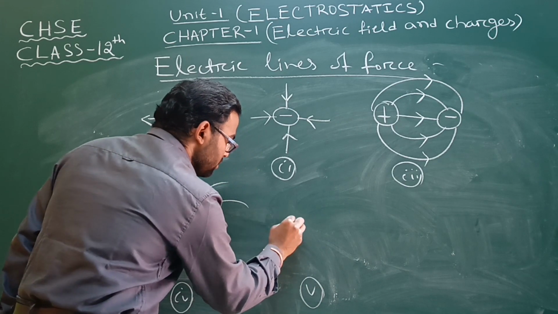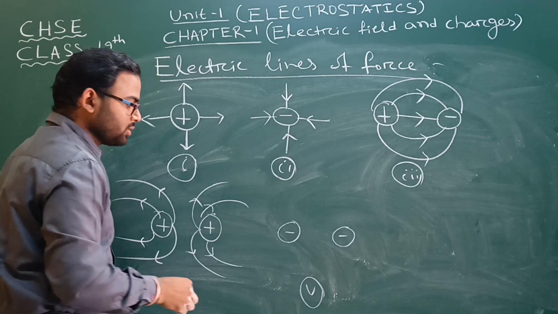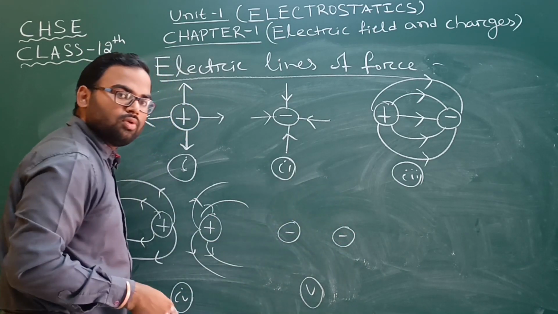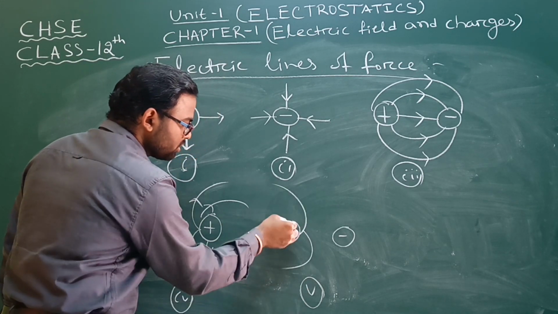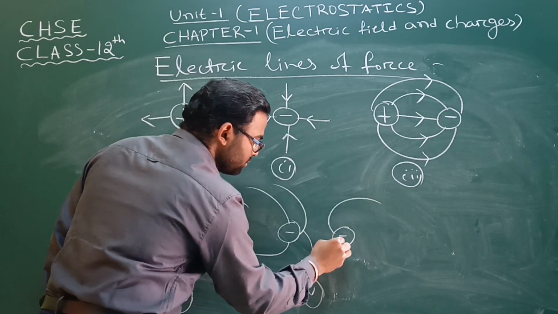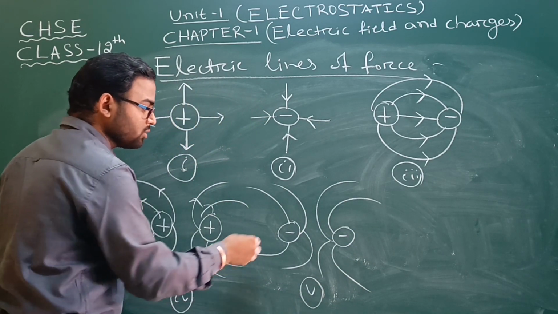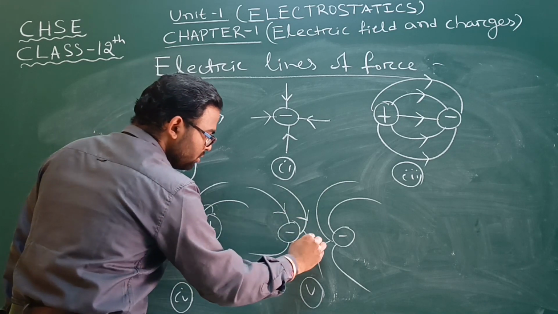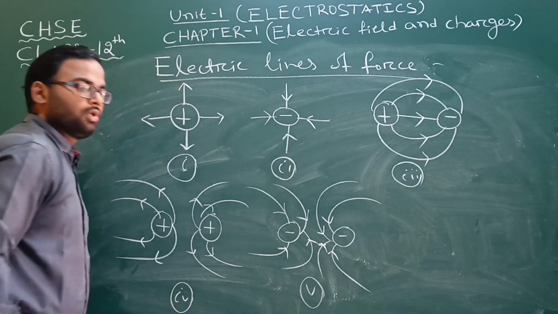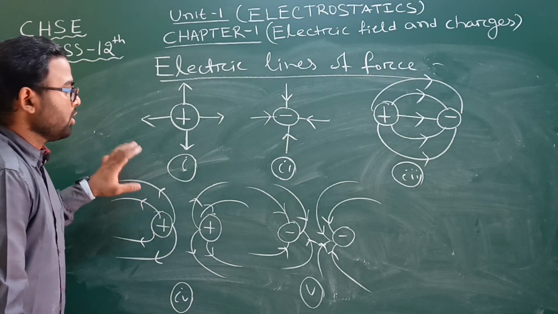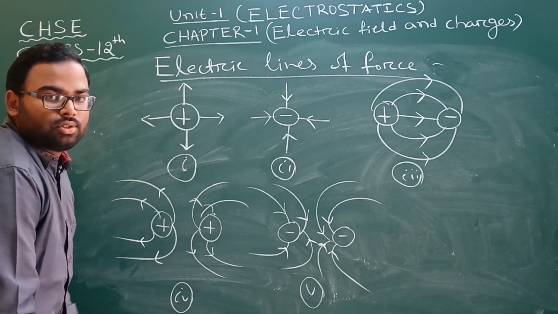And for two negative charges separated by a distance, here also there are two equal charges, that means the lines of force will repel. And the direction of the lines of force will be inward. Okay, here are some lines of force for different charges and combinations of charges.